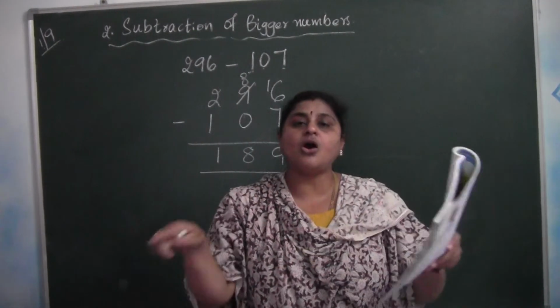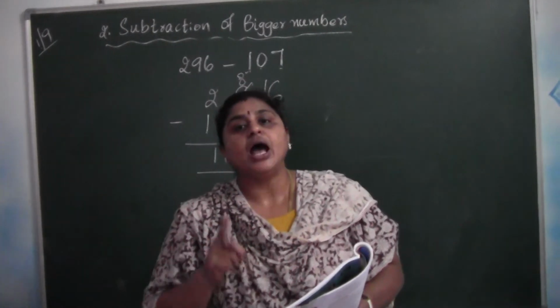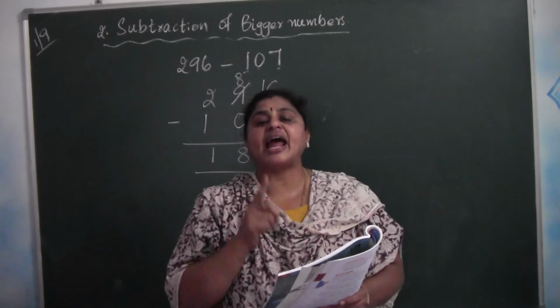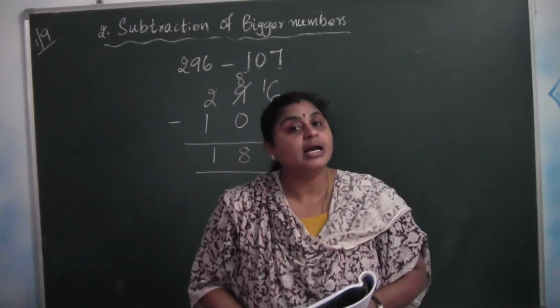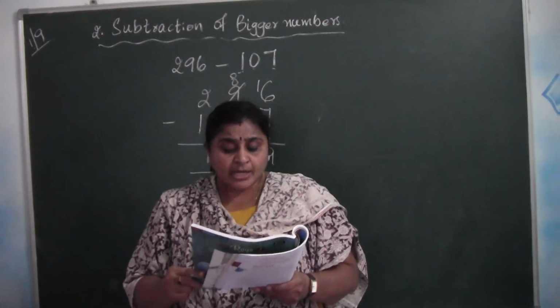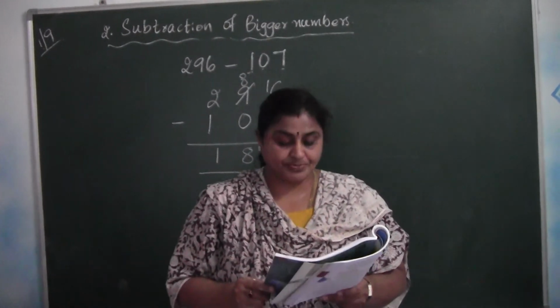I have told you, in all is nothing but an indication that you have to add the numbers to get the total number of wrappers collected by Uday and Leena. Got it, children? Next.